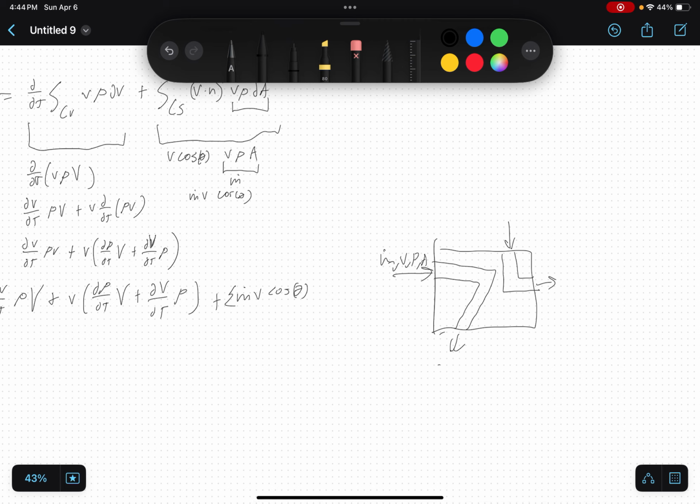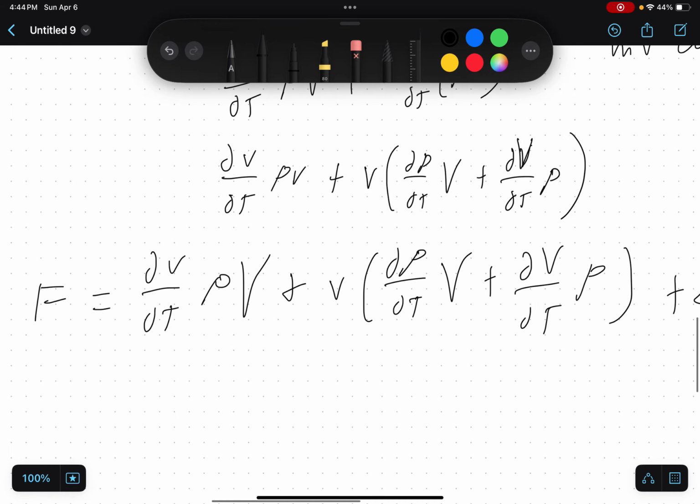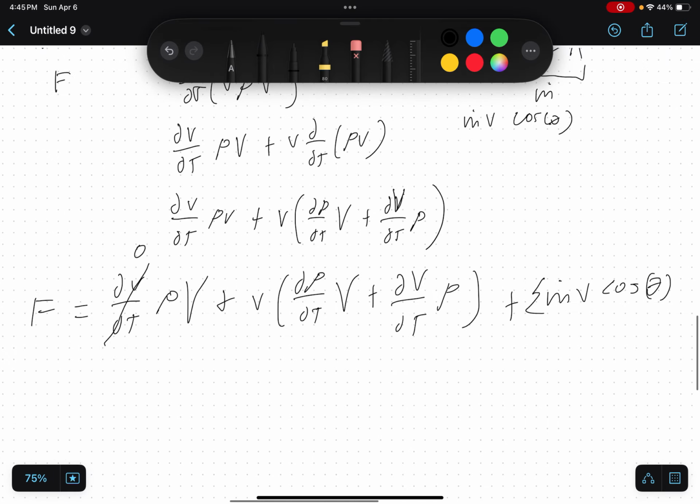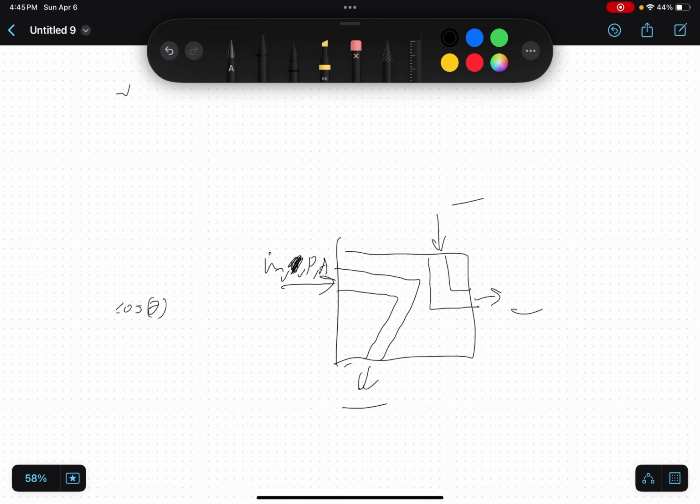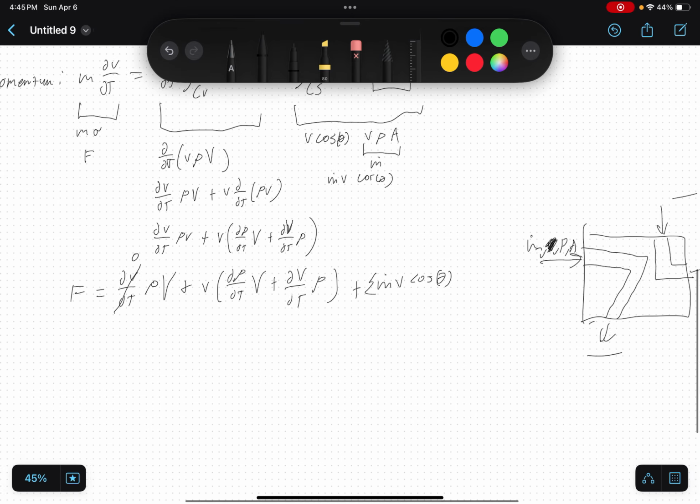So what would you do? Change in velocity with respect to time, we're going to assume that's 0, because let's assume it's steady state, so that dv dt term would go away.